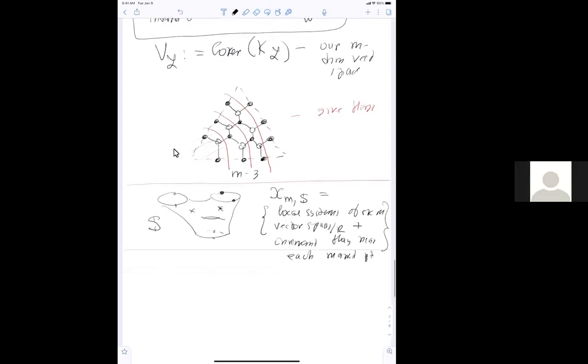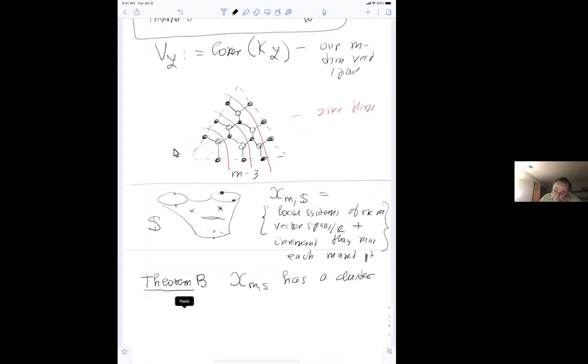And then there is the next theorem, which says that this moduli stack X_{M,S} has a non-commutative cluster Poisson structure, equivariant under the mapping class group of S, the usual mapping class group, because that's, so to speak, the regular situation.